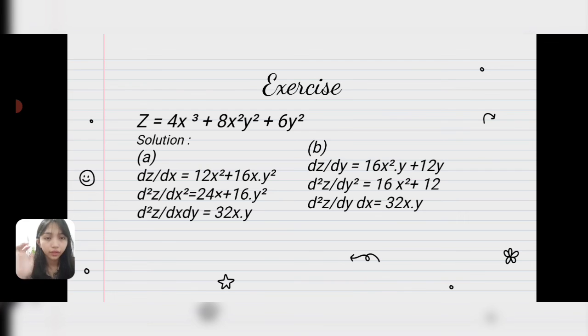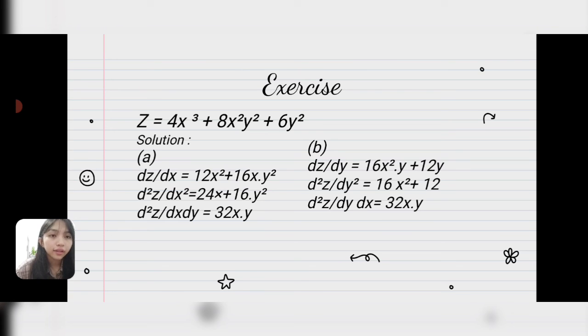So after that, del squared z per del y squared equal to 16 x to the power of 2 plus 12.